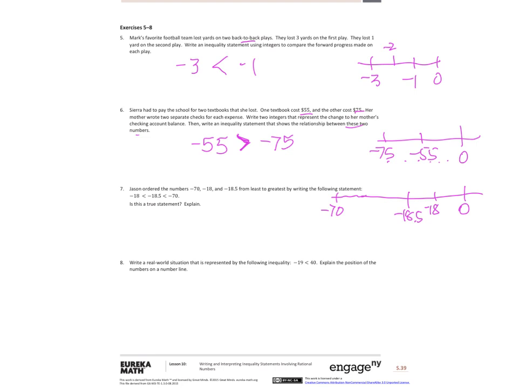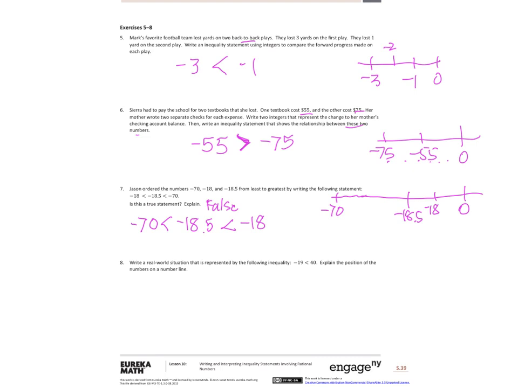So I would say that he is incorrect. I'm going to say false. And I could turn it around: my -70 is less than my -18 and 5/10, which is less than -18. So that is what the order needs to be. And I always sketch it out on a number line just to double check myself.